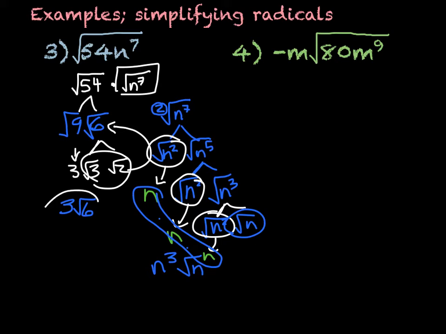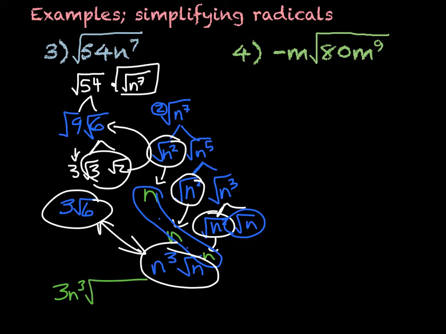So that would be my variable part. Now I put those two together, and I get a final answer of 3n cubed outside the square root, and inside the square root I have 6n, and that would be your final answer.